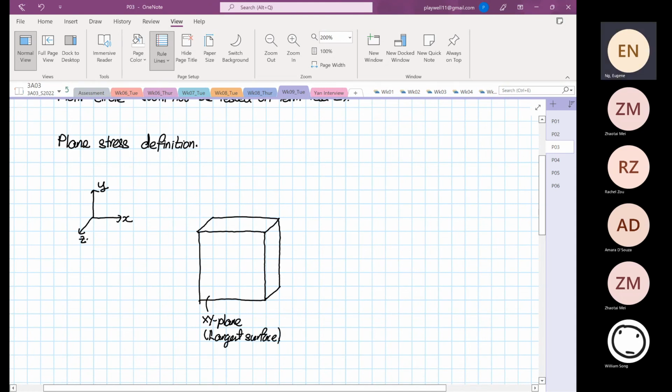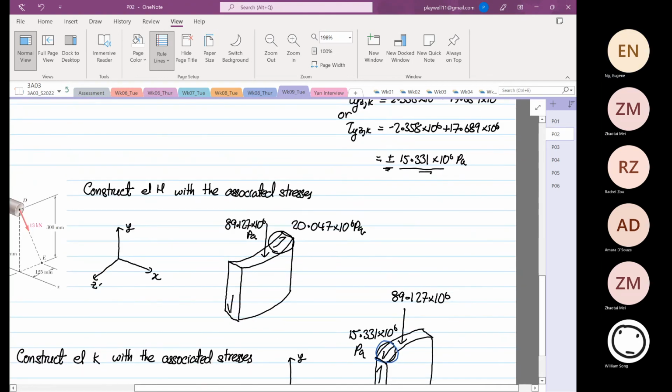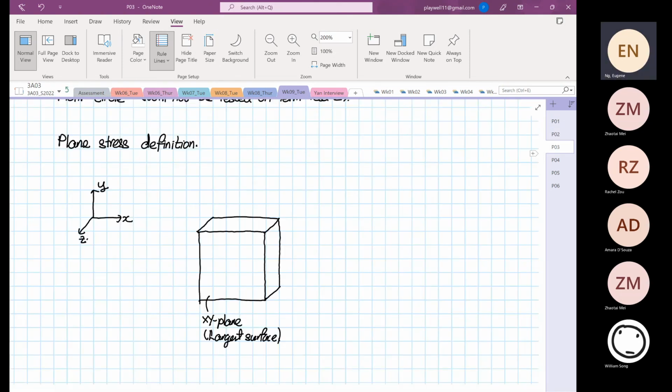One of the planes will always have the largest surface when we construct the element. Like when I draw the element over here, this is my so-called YZ plane, and it is the largest surface. So when you construct the element, you always have to have one of the planes with the biggest area compared to the other two, and I'll tell you why later.